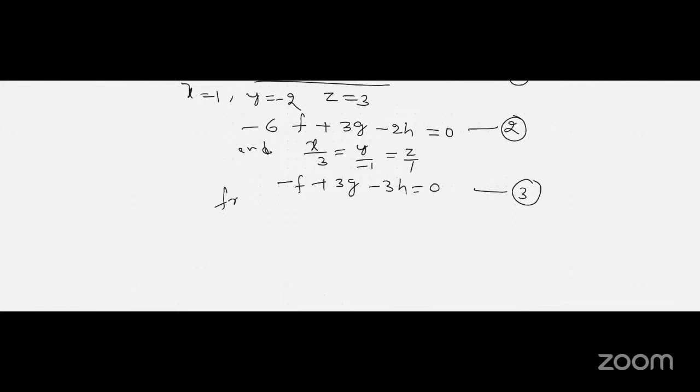So from 2 and 3, we find f, g, h by cross multiplication using minus 6, 3, minus 2 and minus 1, 3, minus 3, so that f equal to minus 18 plus 3.